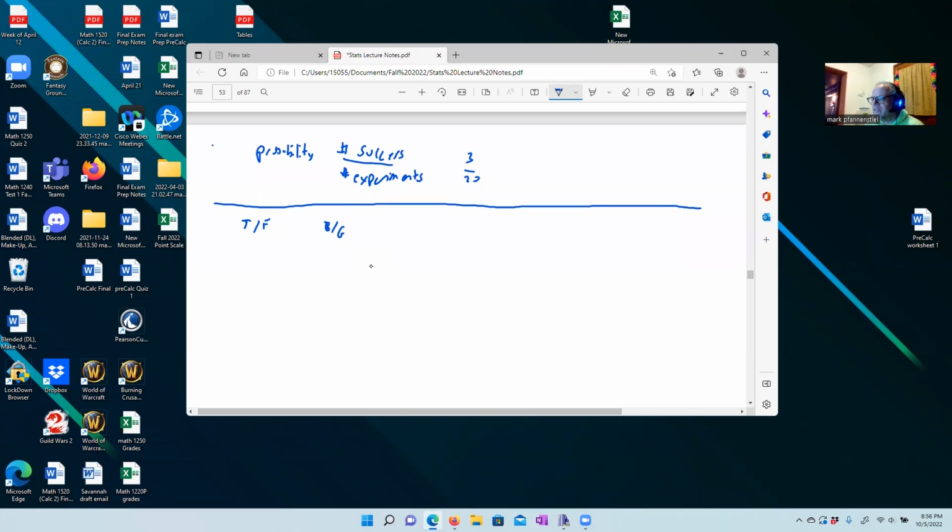Empirical probability: what empirical means is we tried an experiment. That's all it means.